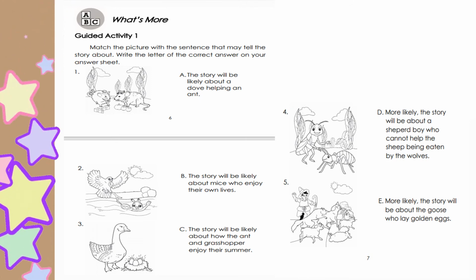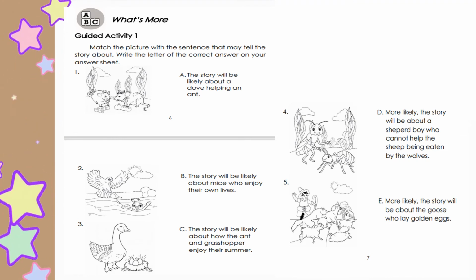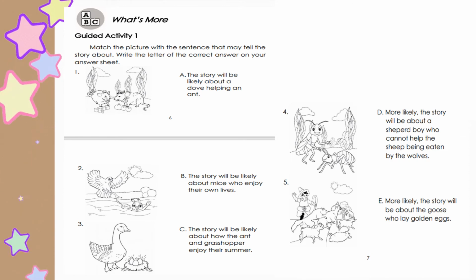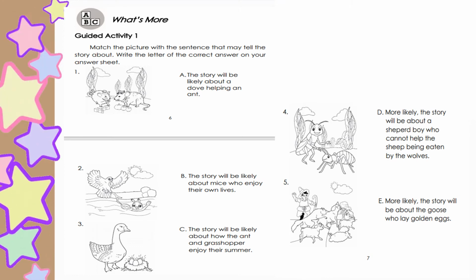For your choices, letter A. The story will be likely about a dove helping an ant. Letter B. The story will be likely about mice who enjoy their own lives. Letter C. The story will be likely about how the ant and grasshopper enjoy their summer.